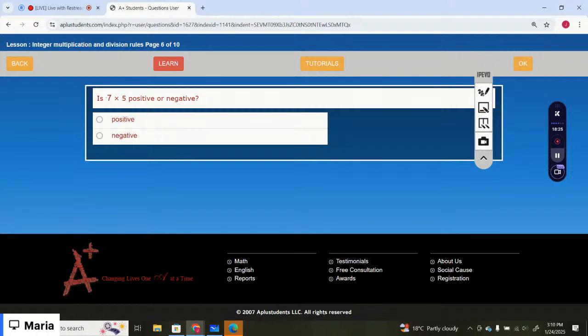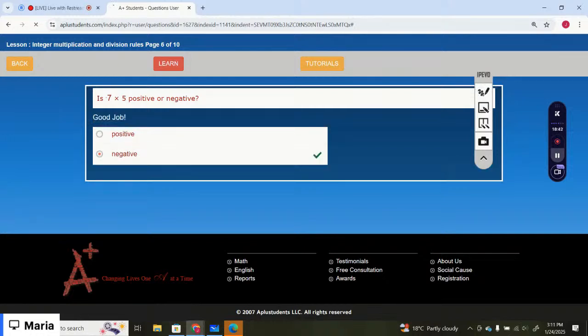Is negative 7 times 5 positive or negative? Negative it is, right? Because both the numbers have different signs. So that would be negative.